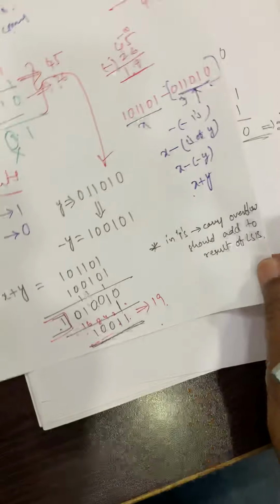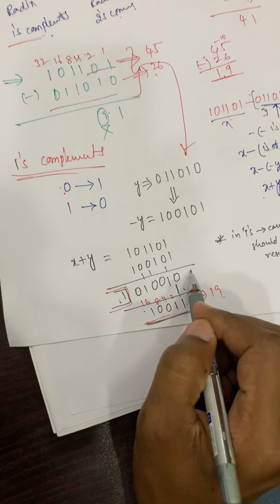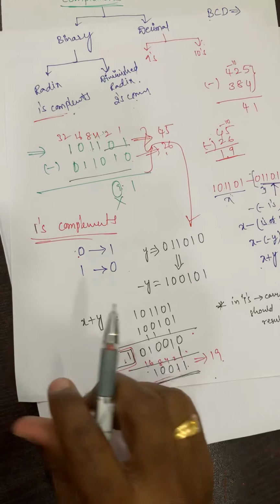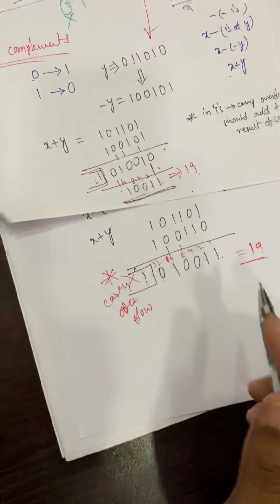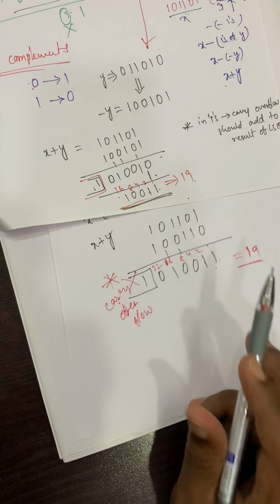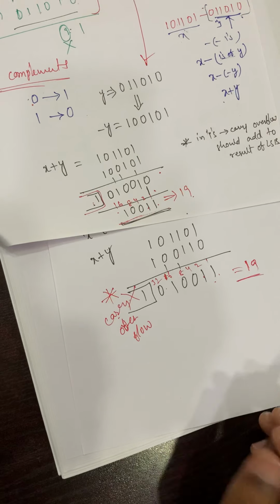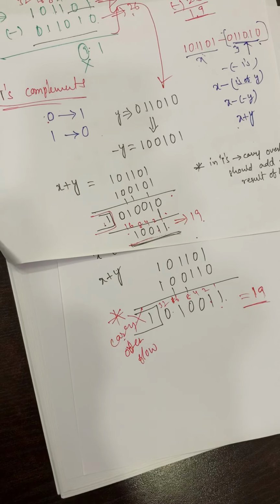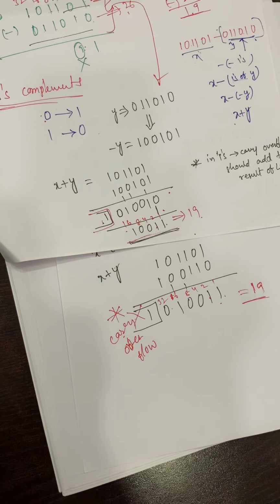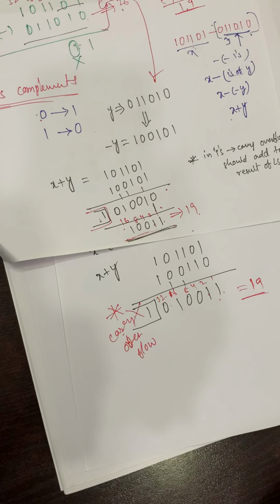In 1's complement, we should add the carry overflow to the resultant bit, then we'll get the correct answer. In 2's complement, no need to add the carry overflow to the resultant bit. So that is the difference between 1's complement and 2's complement. 2's complement means 1's complement plus 1. 1's complement means both zeros and ones are interchanged. So these are the binary complements.